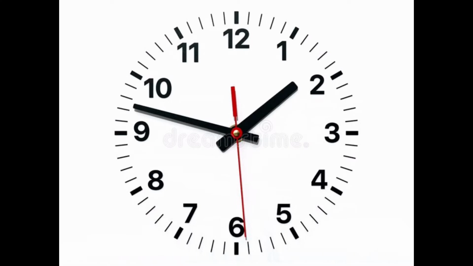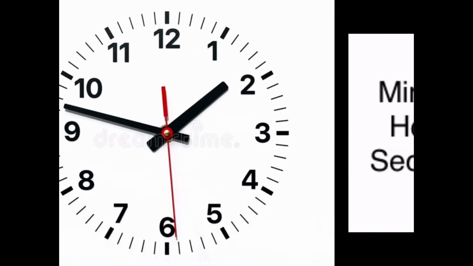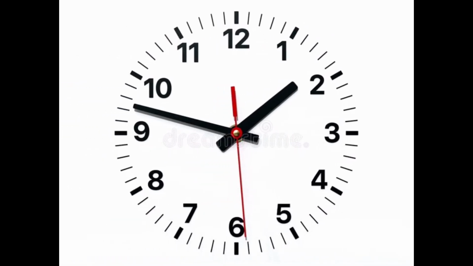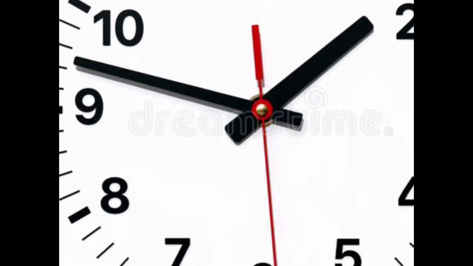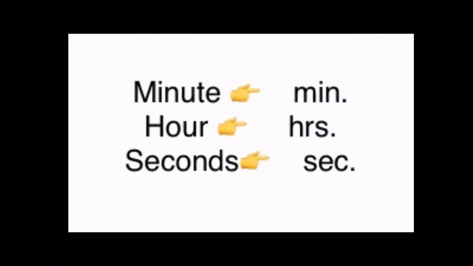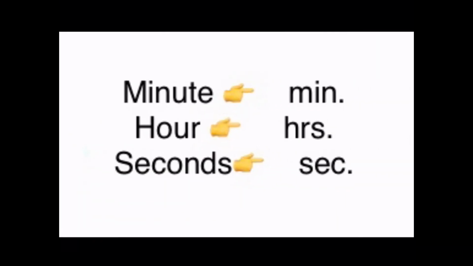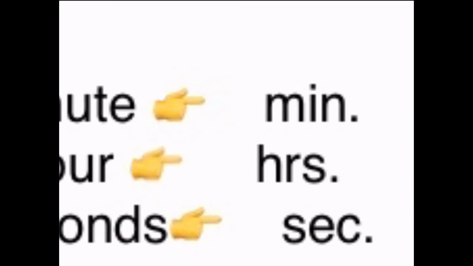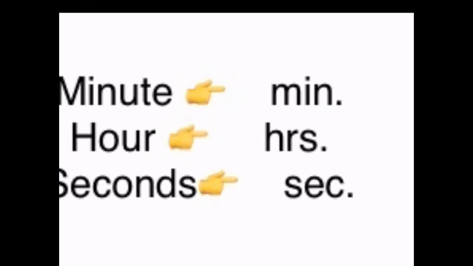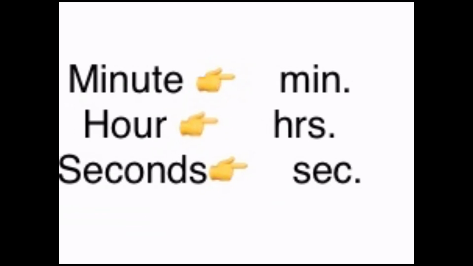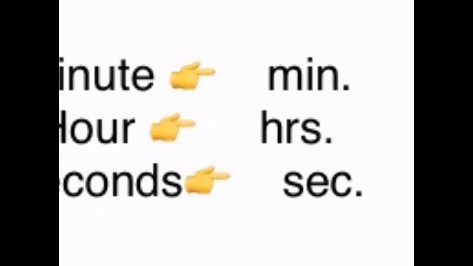We have the clock here, but I want you to identify hours, minutes, and seconds, okay? Minute is abbreviated into MIN and a period. Hour is abbreviated into HRS and a period. And seconds are abbreviated into SEC and a period.